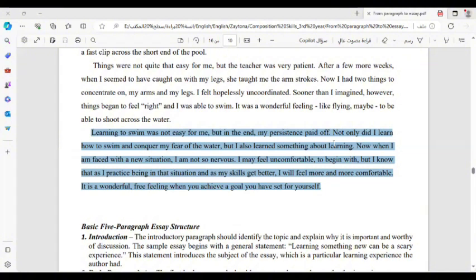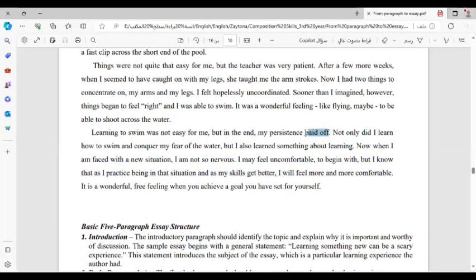When I say my persistence paid off, it means that I was successful, or for example, a good result. If you have something that you do, so it pays off, it is successful or has a good result.